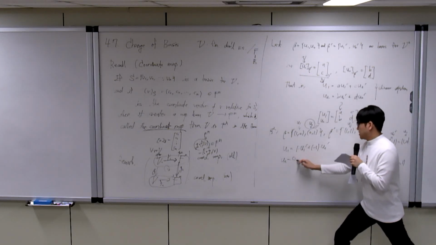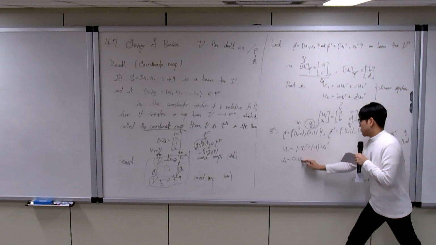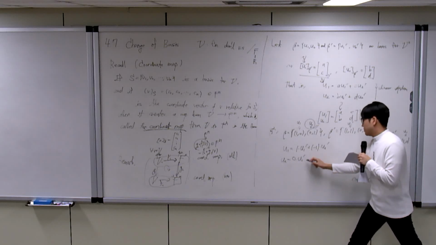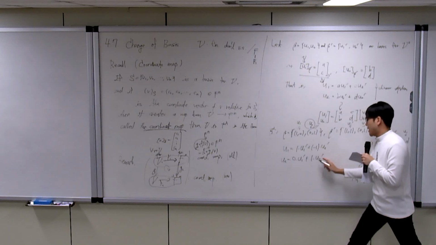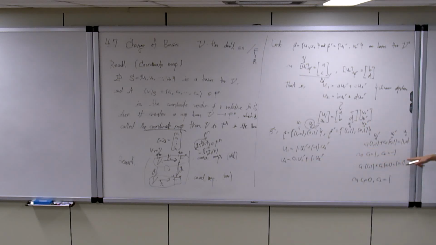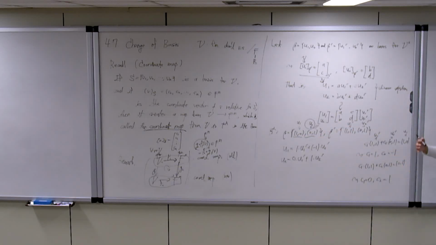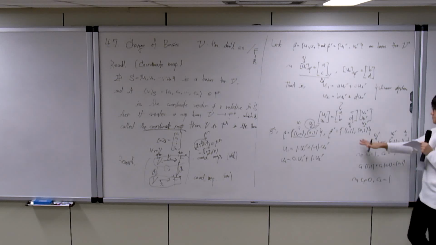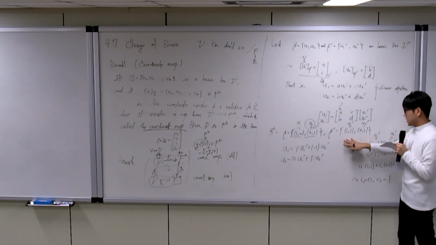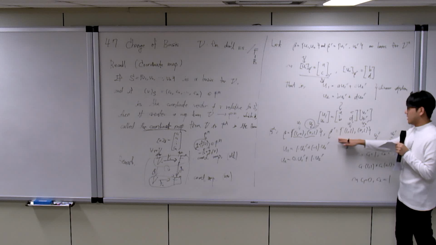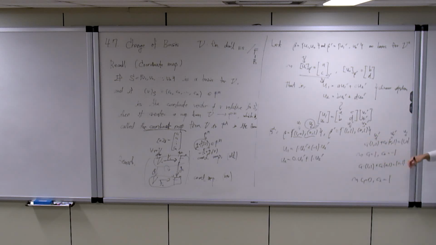This means 0 u1 prime plus 1 u2 prime would be u2. It is the expression of each vector in another basis, each was expressed by another basis.